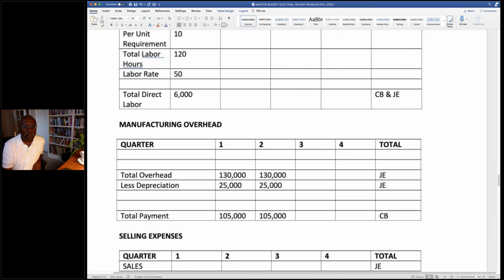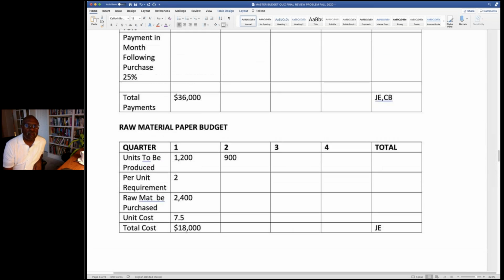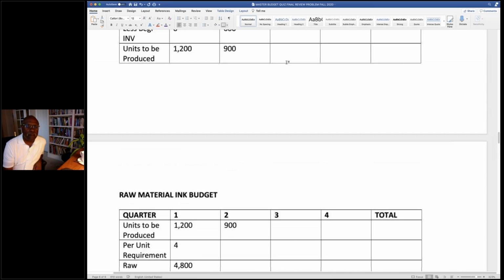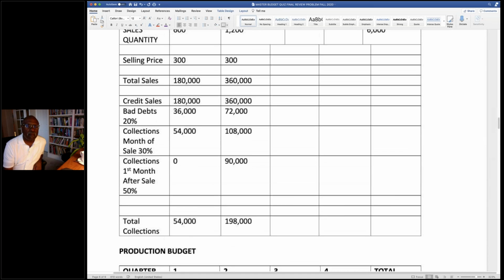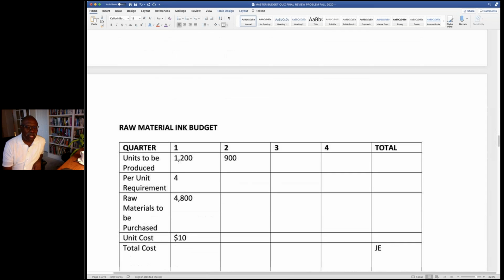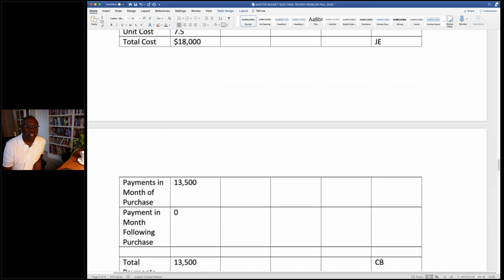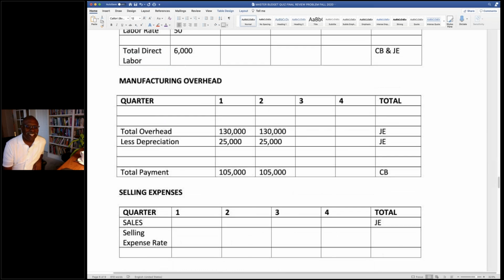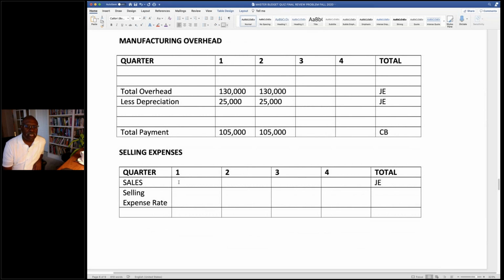Okay, so let's go up here to sales. Our sales were this, so we're gonna copy. Oh wait, I messed that up. So we're gonna put these sales in here. We're gonna paste them in. And our rate was what? 20%.